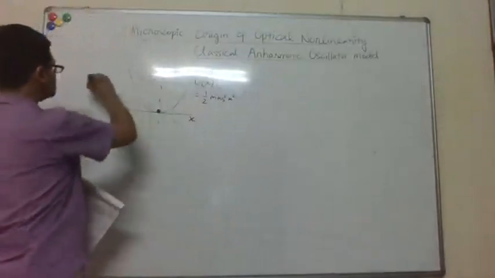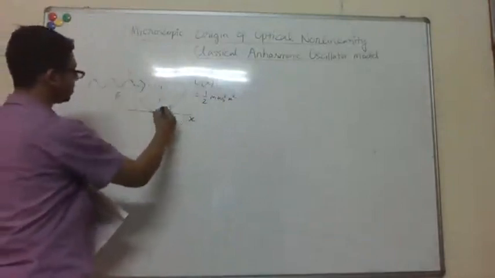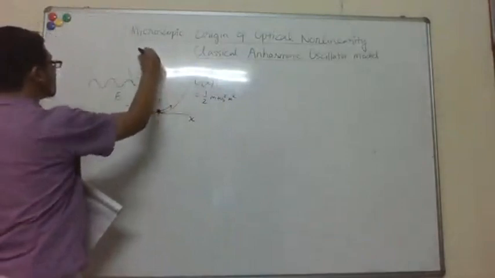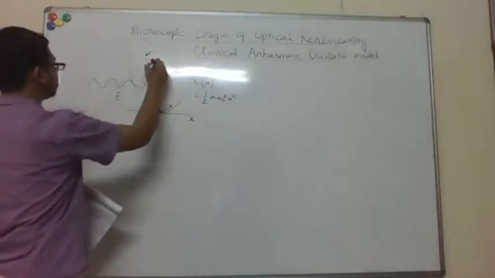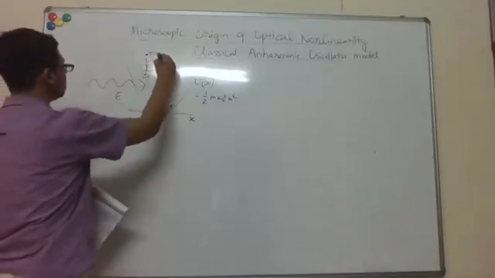And so some external electromagnetic wave comes in and pushes. In the classical picture, we can look at the atom as some electron which is attached to the nucleus with some spring constant, right?